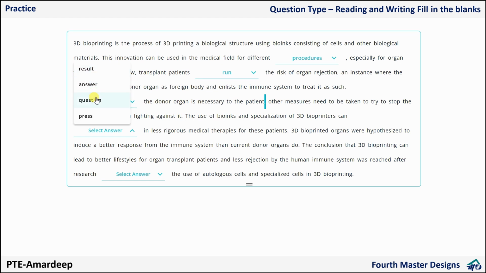Result, answer, question, press. Yes, can result. Why? It is some kind of cause and effect: because of something, something is happening. Can answer in less, no. Can question in less, doesn't make sense. Can press in less, can press far less, but again, in this context, it is not making sense. I'll go with result. Then we have the last one.